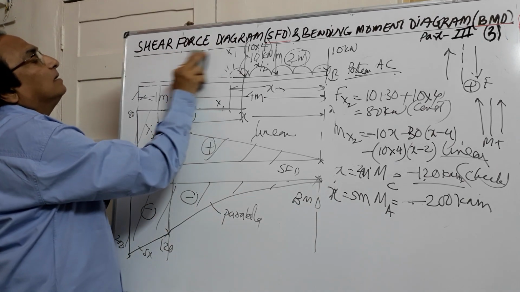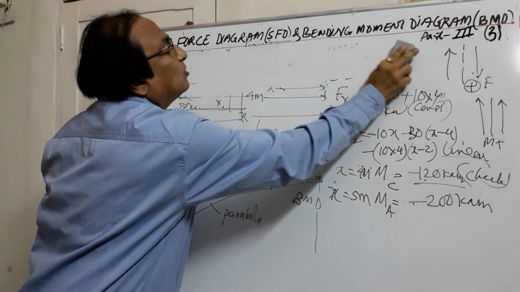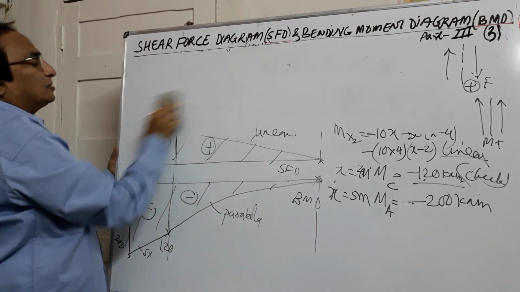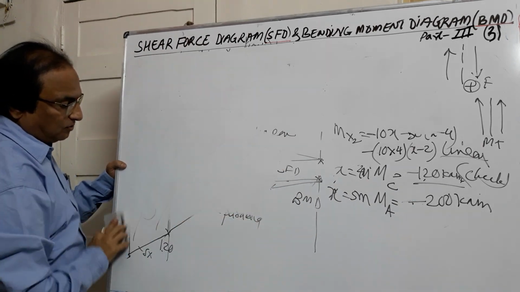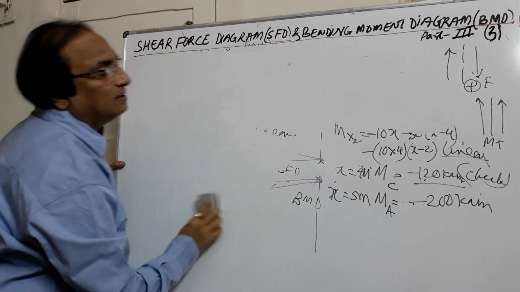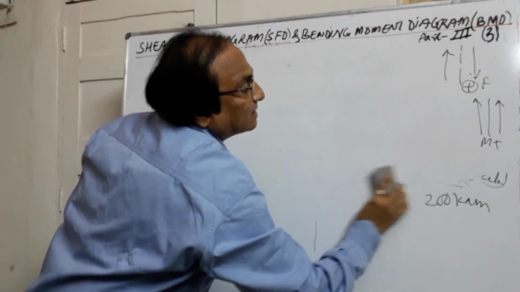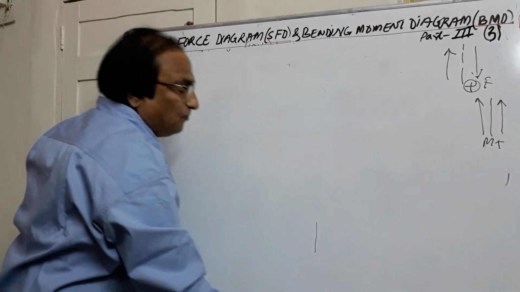With UDL, you should be careful. You will have to consider the section, then go for the analysis, find out the shear force and bending moment at the section, and substitute the limits of x, from which portion to which portion.